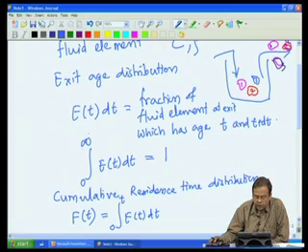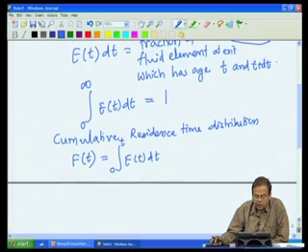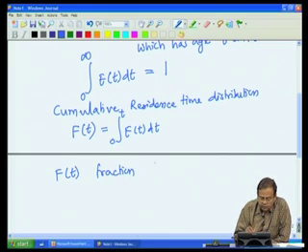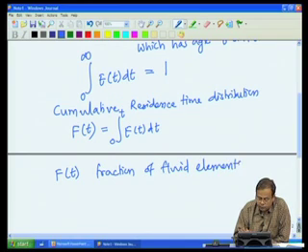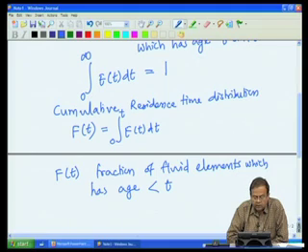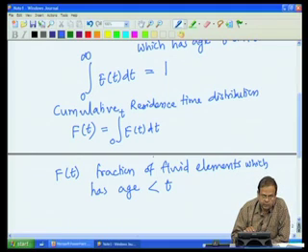So, what is the cumulative residence time distribution? F of t is the fraction of the fluid elements which has age less than time t, and as the integral suggests, it is a cumulative distribution. So, this is the second distribution that we have defined.